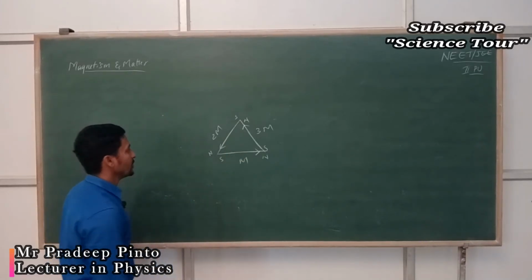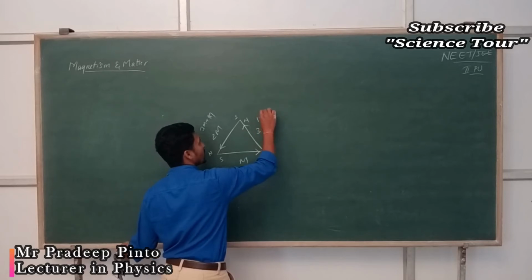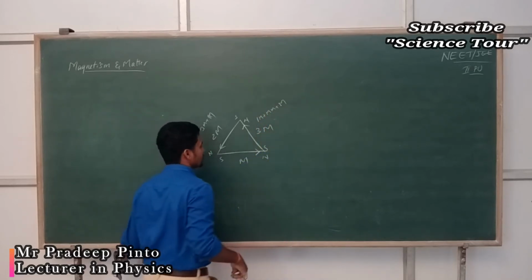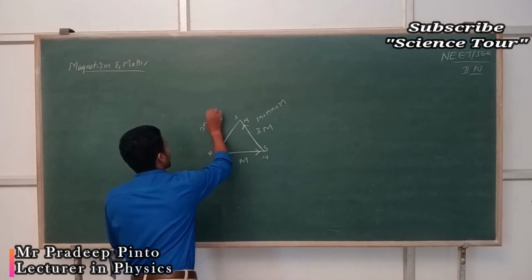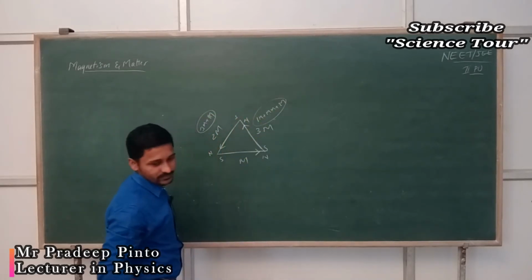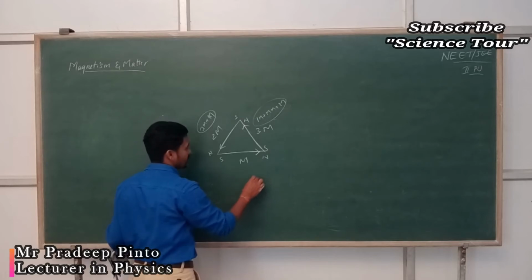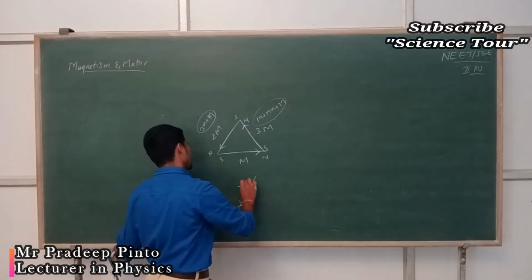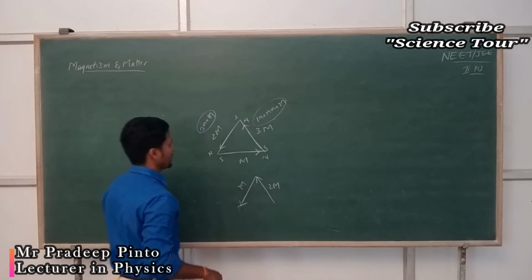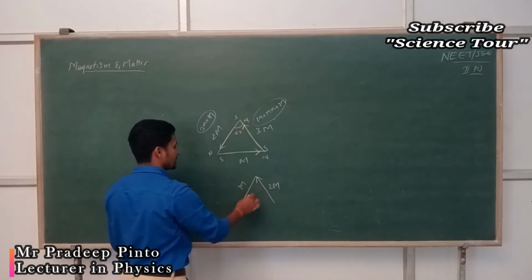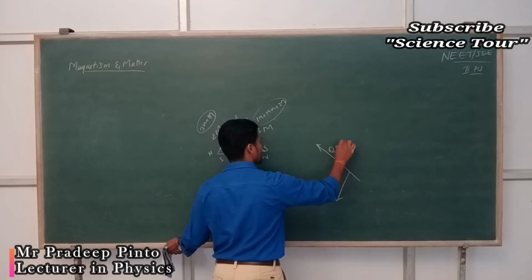Closed loop means this is 1m plus 1m plus 1m. One m gets cancelled because for a closed loop it is 0, remaining it is 2m. So remaining is 1m, and the other remaining is 2m. I can write down the total arrangement in this way: this is 2m, this is m.